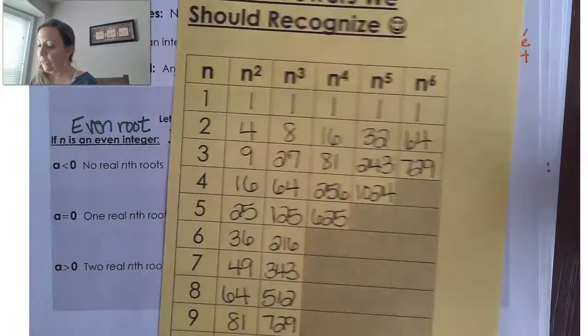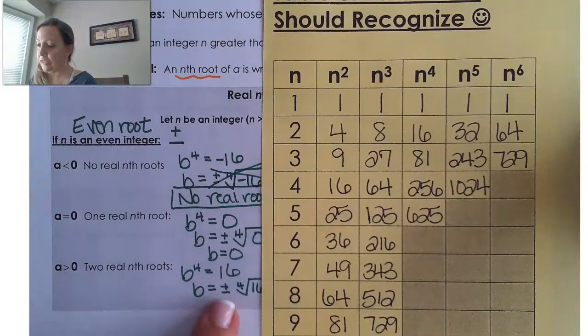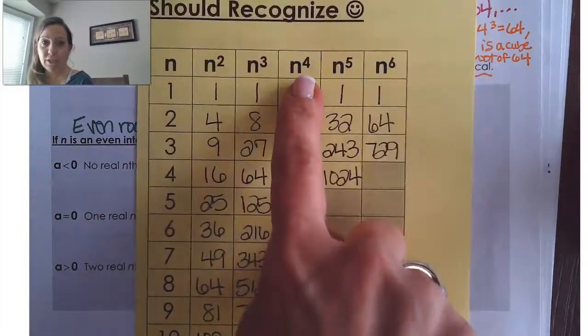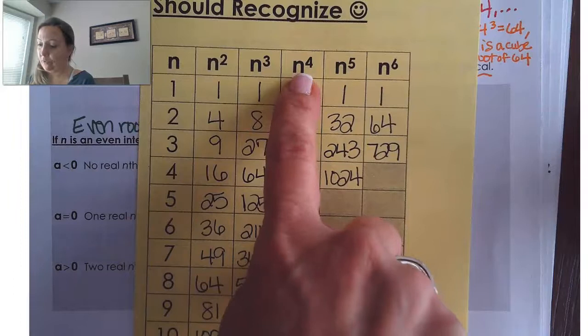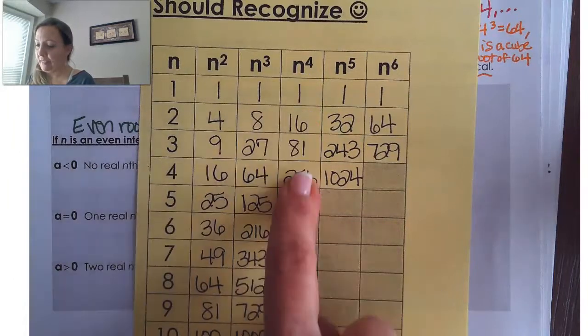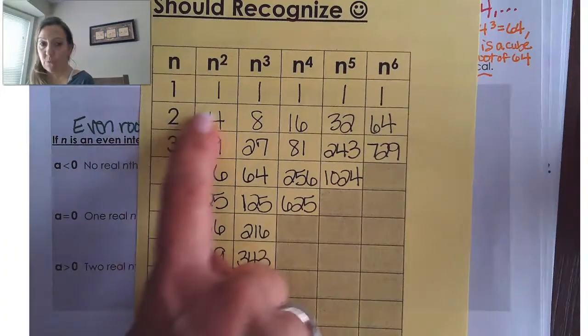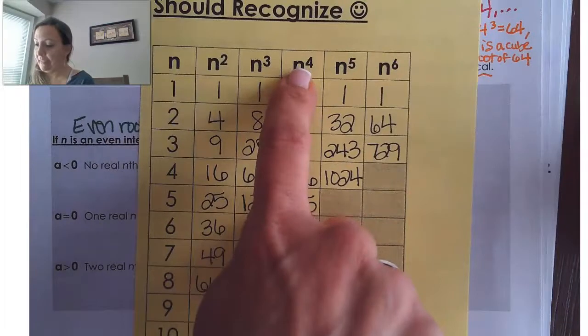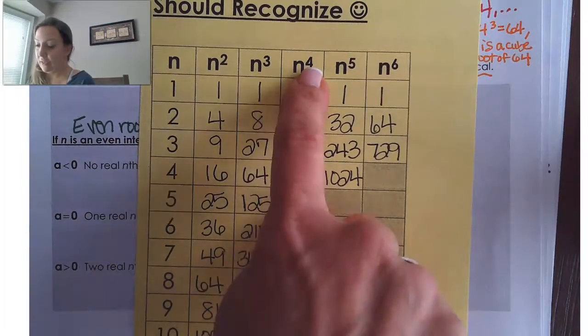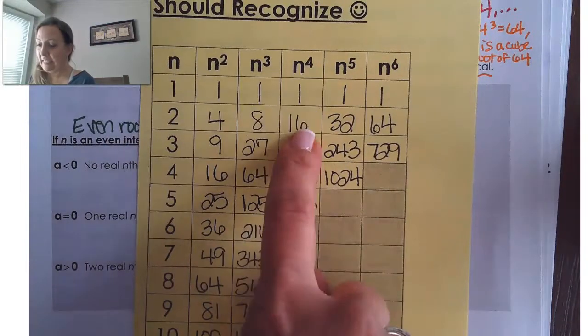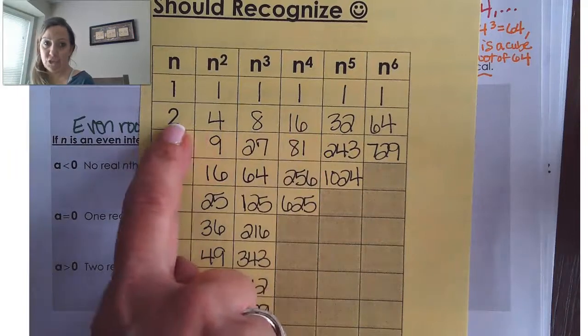If we want to take a fourth root, that means that we're going to look where there are these fourth powers, and notice that I see that 16 is the same as 2 to the fourth power, which means that the fourth root of 16 is 2.